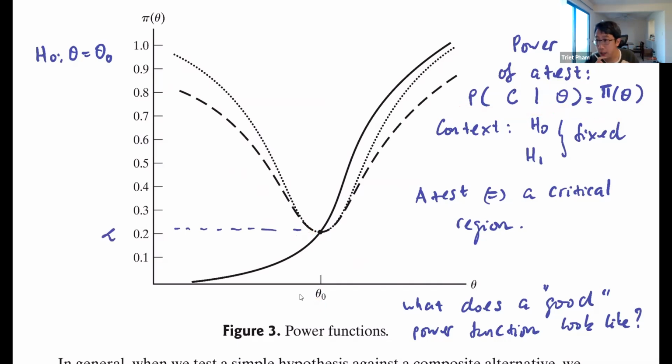So do you see why all these three curves, even though they are different tests, all cross at the same point? Why is that the case?